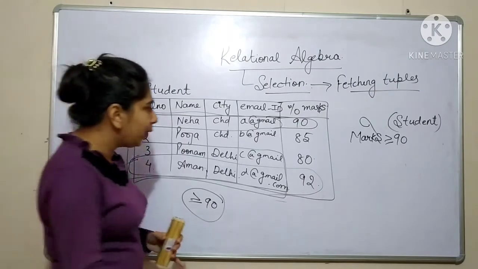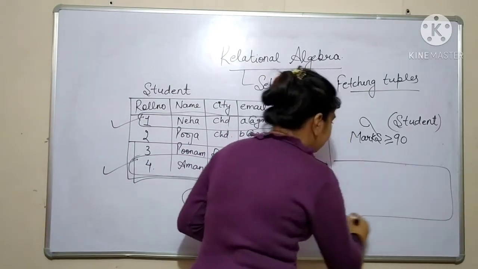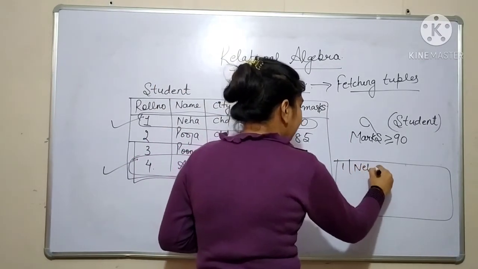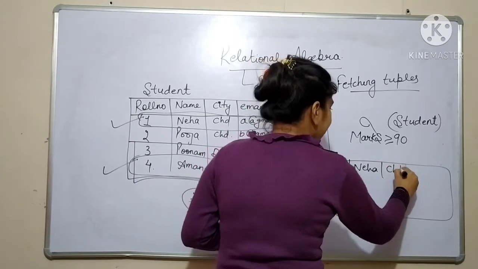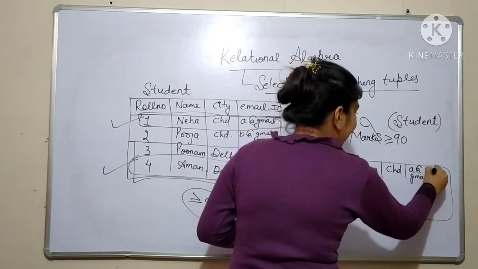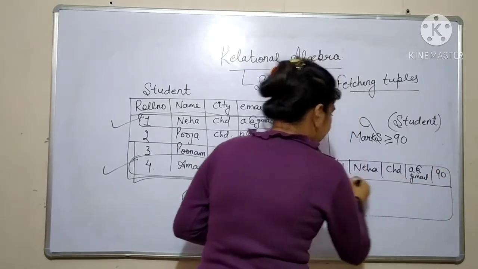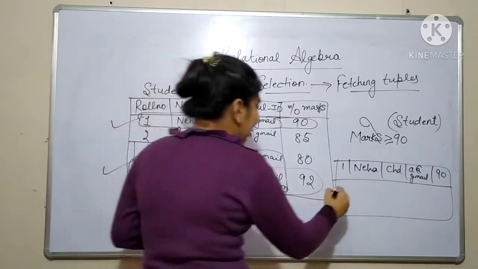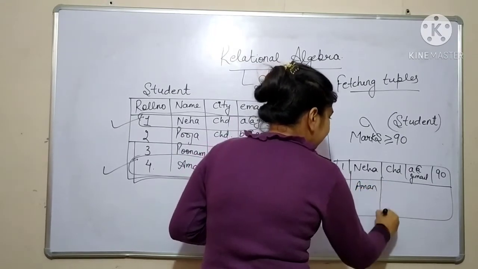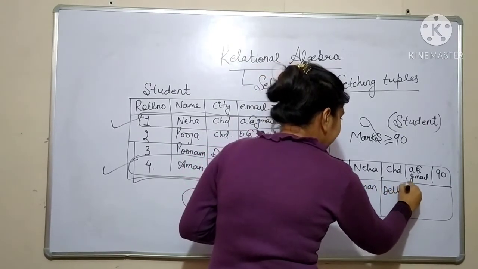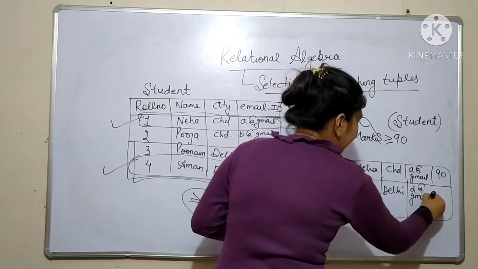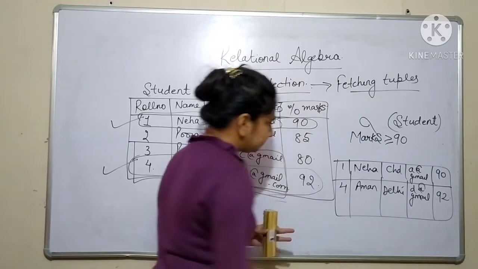What is going to be my output? The first tuple is 1, Neha, Chandigarh, a@gmail.com and 90. The second tuple is 4, Aman, Delhi, d@gmail.com and 92.